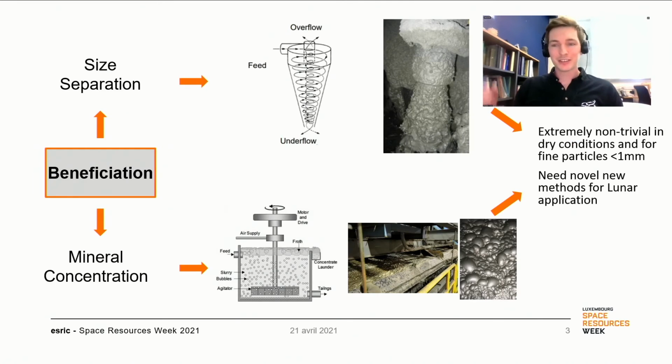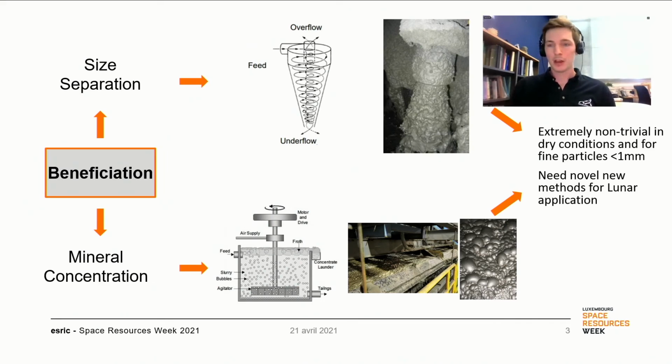So what is beneficiation? Basically, it's split into two main areas: size separation and mineral concentration or enrichment. Typically on Earth, in the terrestrial mining sector, these processes are quite water intensive. For size separation, a very common method is using hydrocyclones to separate out fines and coarses.